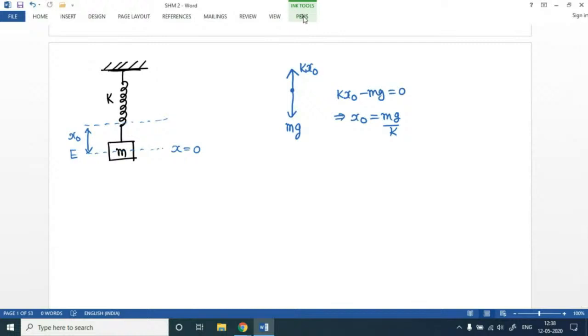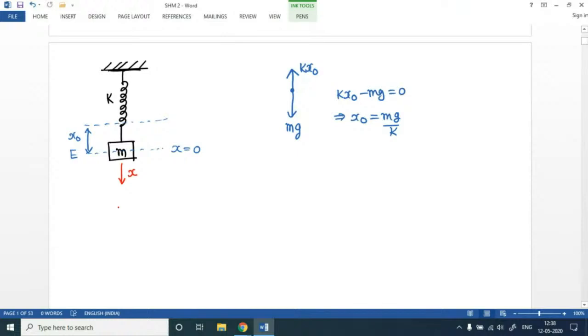Now my next objective is to displace this block slightly, let's say by x, and see how much restoring force would be acting. Let's write the force in the direction of displacement; it would automatically turn out to be negative.